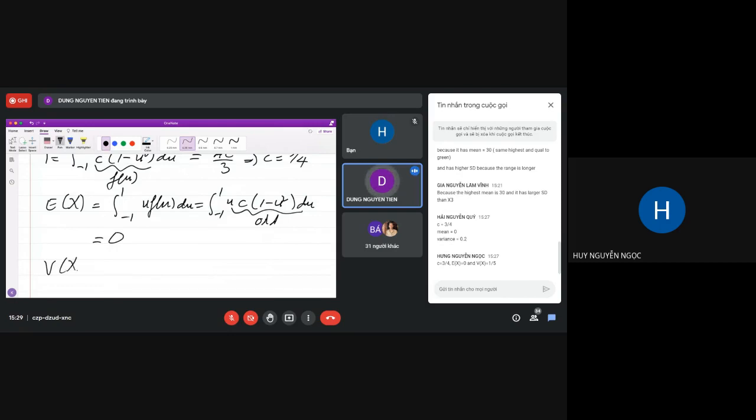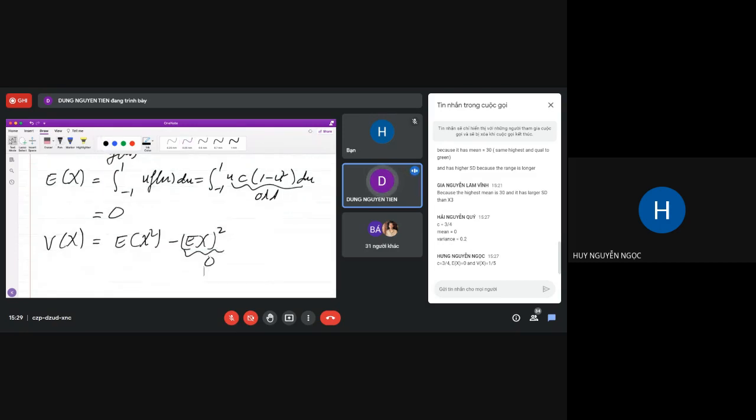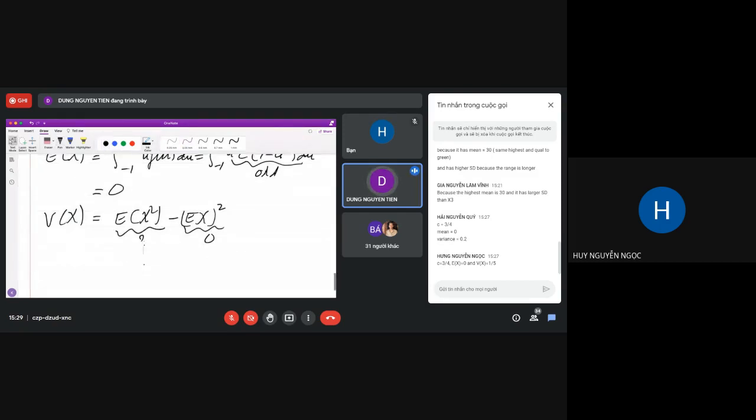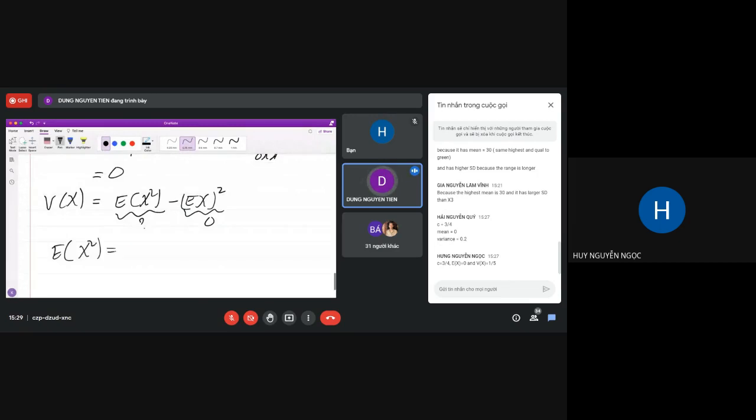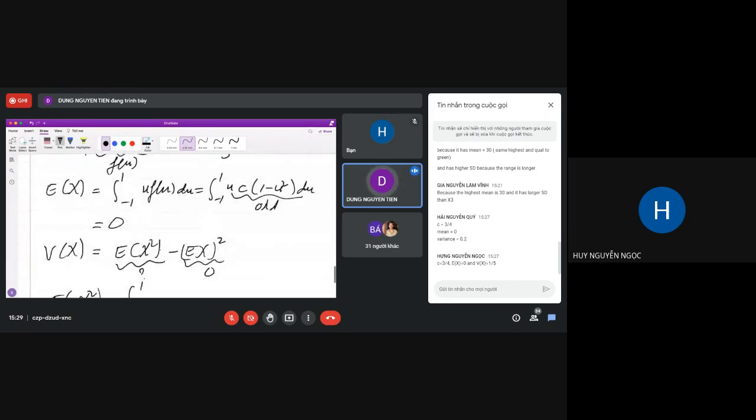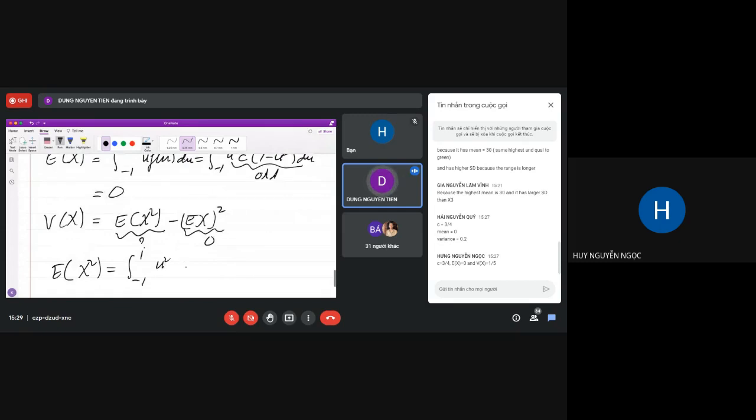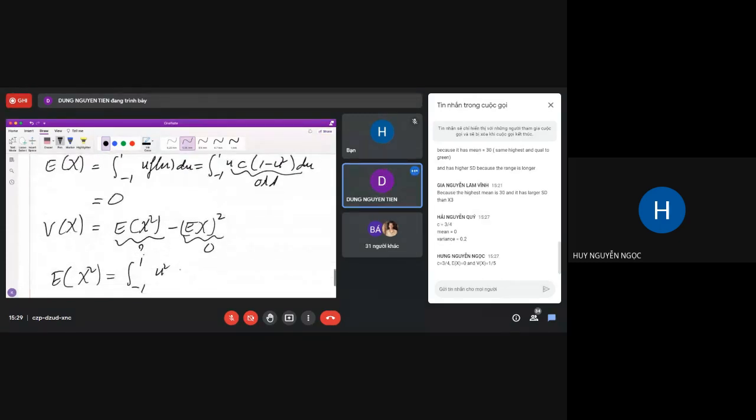And then I need to find the variance of x, which is the mean of x squared minus the square of the mean of x, right? Well, the second term is 0 already. Now we need to find the first term. In order to do that, I need to find the mean of x squared, which is the integral from -1 to 1 of u squared times f of u, which is c times (1 minus u squared) du. Is there any question so far, everybody?